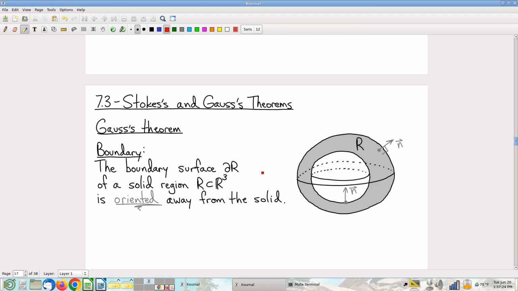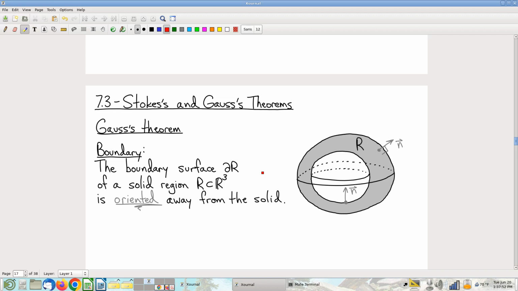Let's talk about Stokes' theorem and Gauss's theorem. This is another one of the monster sections in the book that really ought to be at least 2 book sections in my opinion, but everybody's different. But Colley does this in several places, like the section on change of variables. My gosh, that should be at least 2, maybe 3 sections, and this one likewise should be at least 2, in my opinion.